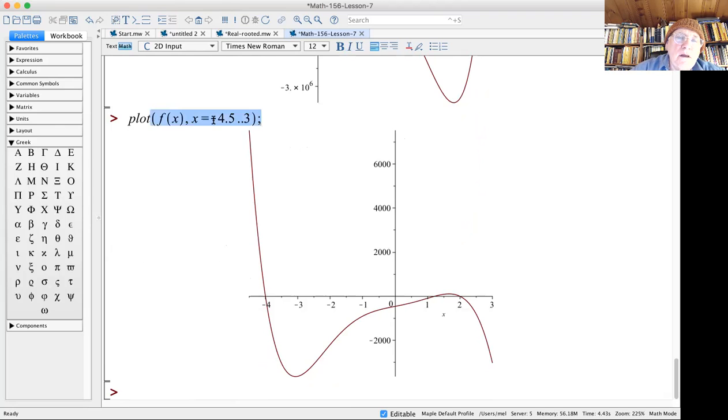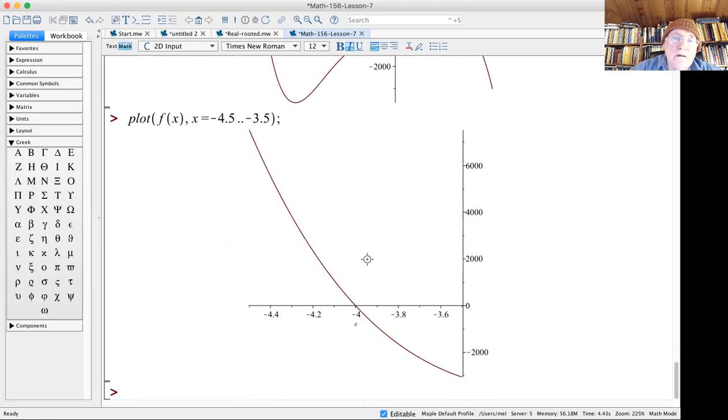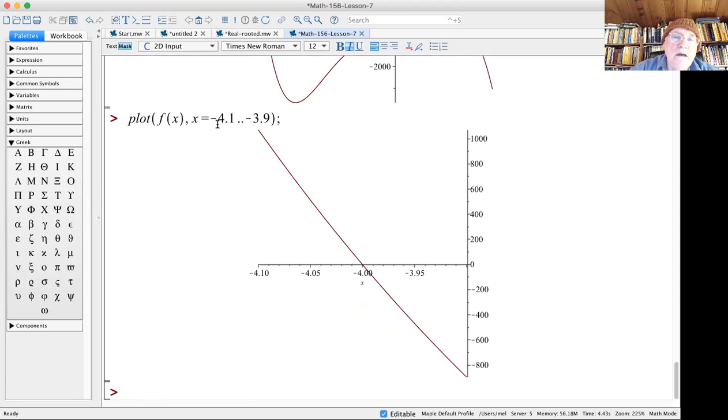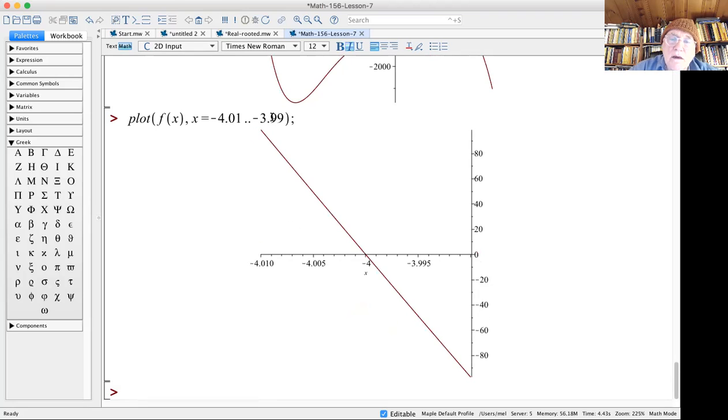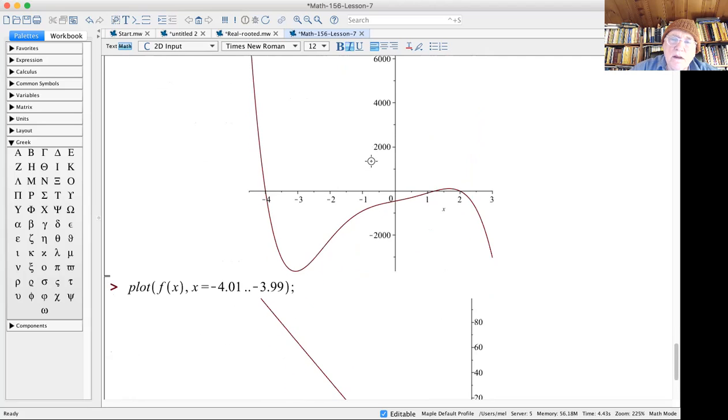Let me just blow this up and see what it looks like. So it looks like maybe it actually crosses at -4. So from -4.1 to -3.9. Yeah, it looks like -4 is one solution. Now here we have a solution between 1 and 1.5.